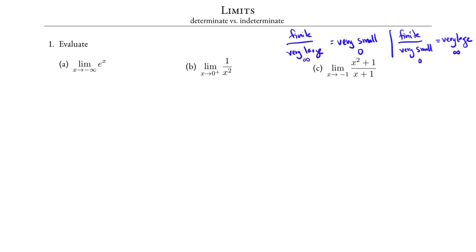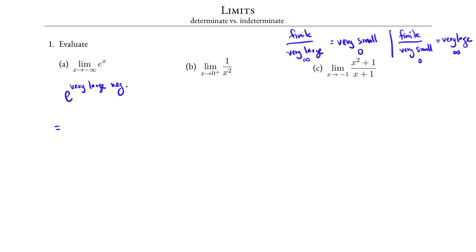For part A, the limit as x goes to negative infinity of e to the x. In this case, we take e and raise it to a very large, but negative number, because x goes to negative infinity.